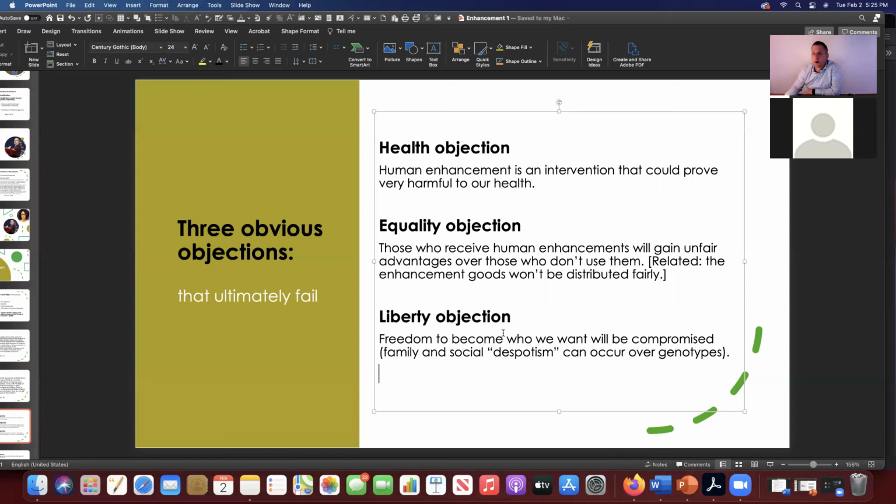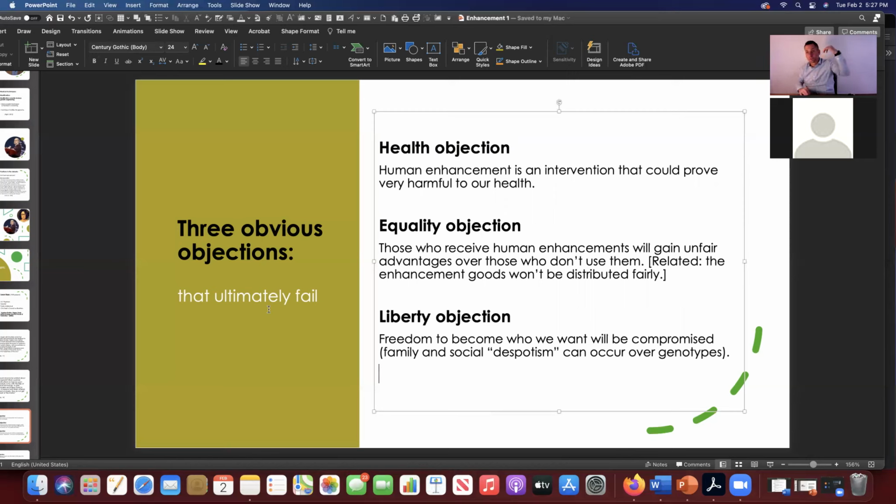And these objections have been run by those who are on the bioconservative side. And the crucial thing here is that Kass is going to develop them, but show that they ultimately fail. So what Kass's project is going to be from this point is to discuss these reasons that have been offered in the literature for rejecting human enhancement, even if we're thinking about human enhancement as restricted to personal improvement goals.